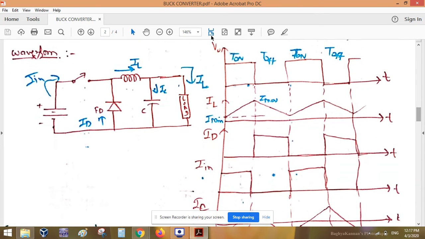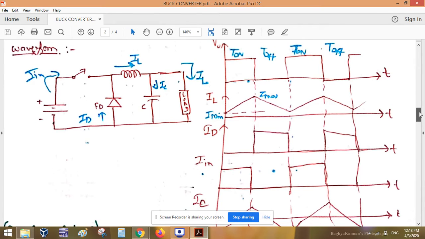For the T on period, when your switch is on, you will get the output. Your switch is on, then off, then on, then off. This is how you get the waveform.